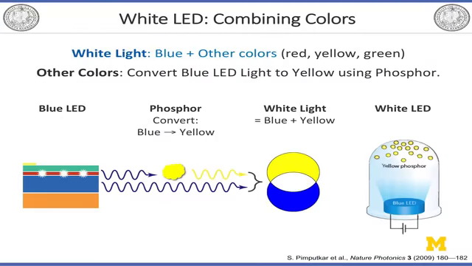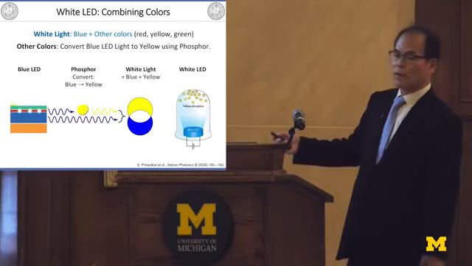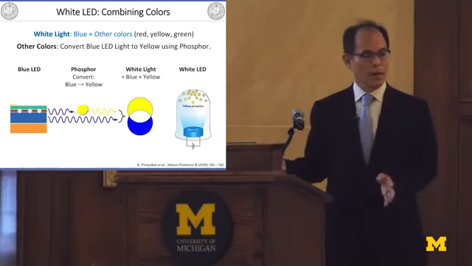To make white, we use a blue LED chip. So blue comes directly from the blue LED chip, and yellow comes from the phosphor. This yellow phosphor is excited by blue color and emits yellow. And by mixing yellow and blue, we can make white.